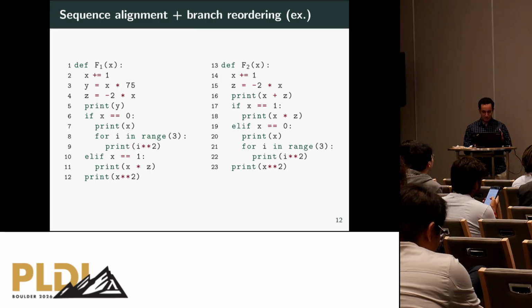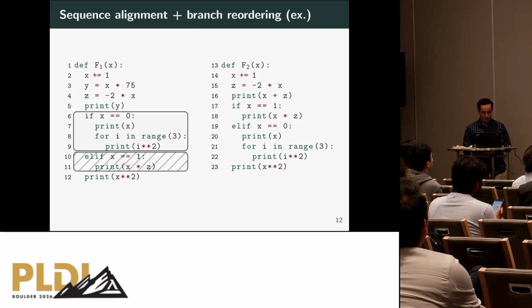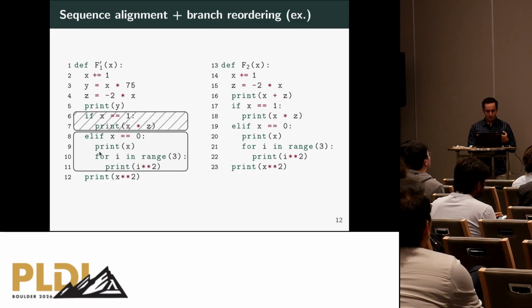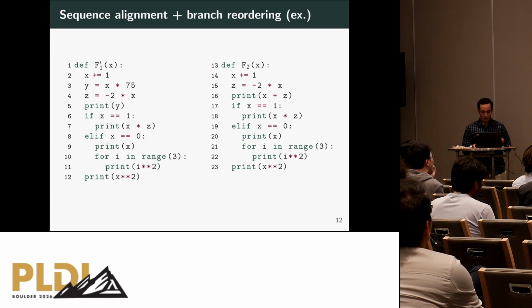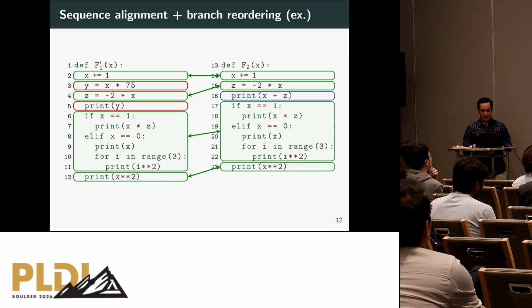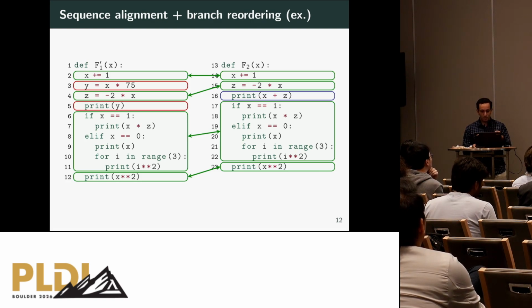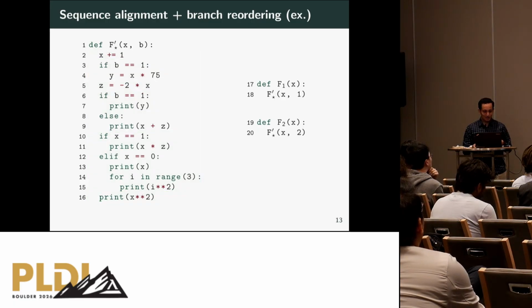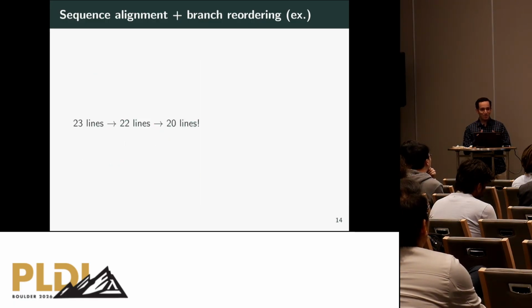Okay, so let's apply this here. If we look at f1, we have this if-else with two branches. We can swap them to get this function, which is equivalent but syntactically different. And by doing this, we can actually get a better alignment. We construct the merged function as before, and now we have even more size reduction.